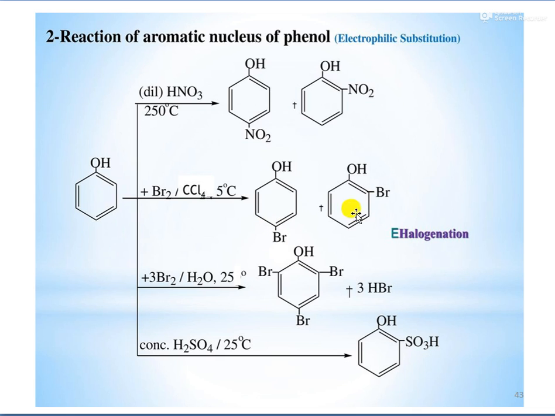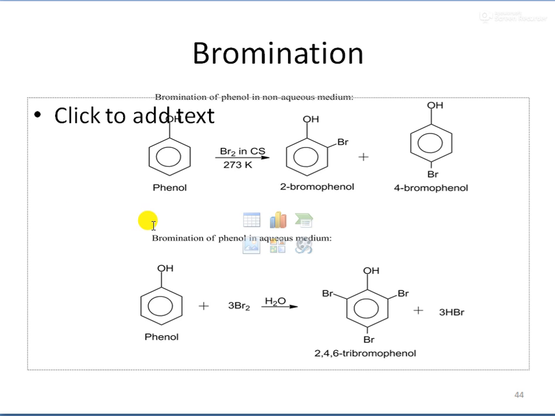Single bromine atoms are substituted, and when the concentration of bromine is increased along with a slight increase in temperature, substitution occurs at 3 positions. And with concentrated sulfuric acid, SO3H will be substituted at the ortho as well as the para position.